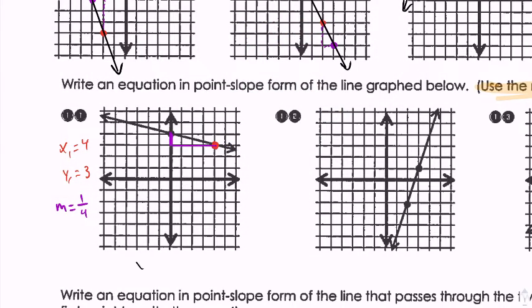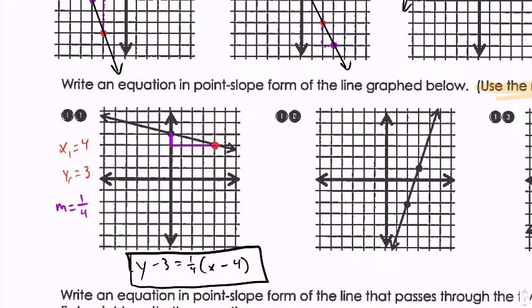Okay, y minus y1, or since y1 is positive 3, you make it a minus 3. Your slope is 1/4. And then x, and since x1 is positive 4, we have to make it a minus 4. And there's your equation. Okay?